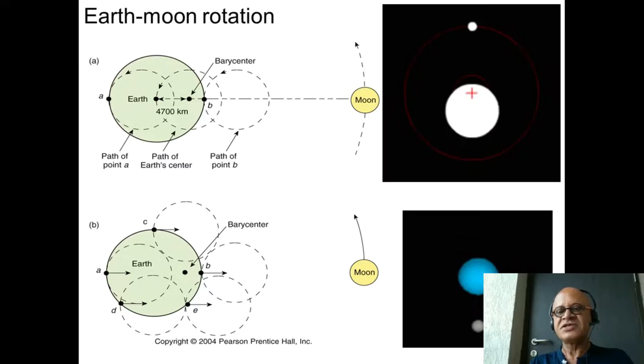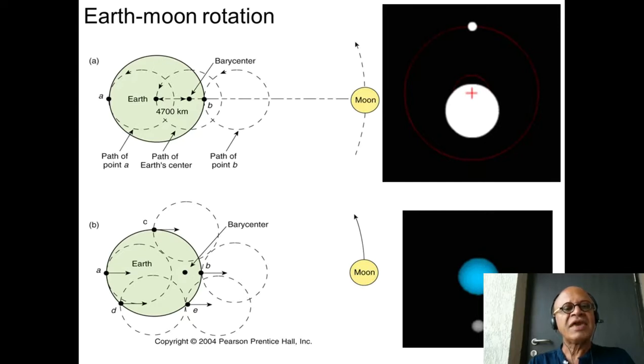Okay, so here is the wobble we saw before, and here is the same thing again, now being shown with the barycenter as a cross. So you look at this again. Here is moon going around the Earth. The barycenter is located 4,700 kilometers away from the center of the Earth, and each point you look at, there's a point here, there's a point here, and there's a point here.